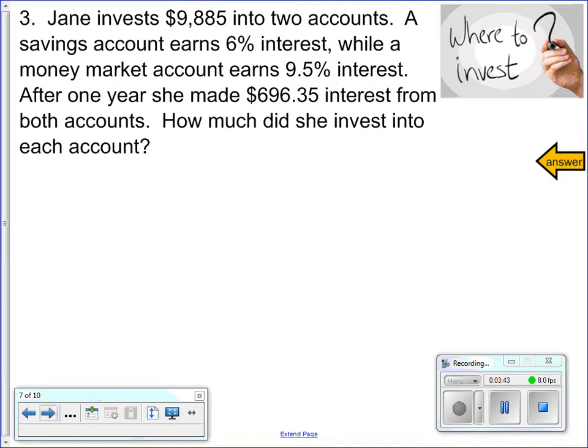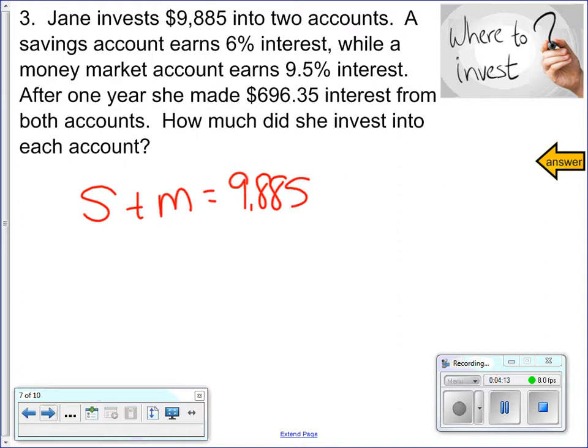Jenny invests $9,885 into 2 accounts. A savings account earns 6% interest, while a money market account earns 9.5% interest. After 1 year, she made $696.35 interest from both accounts. How much should she invest in each account? So we know that whatever she has in her savings plus whatever she has in her money market equals $9,885.